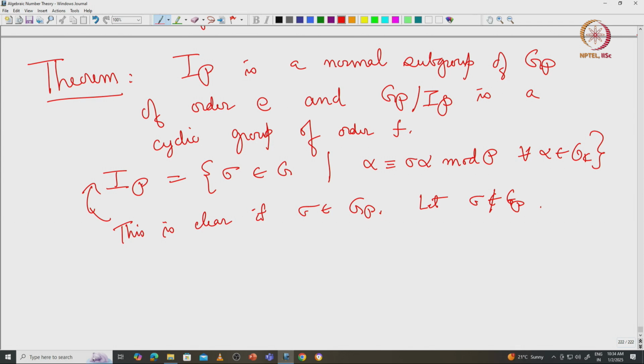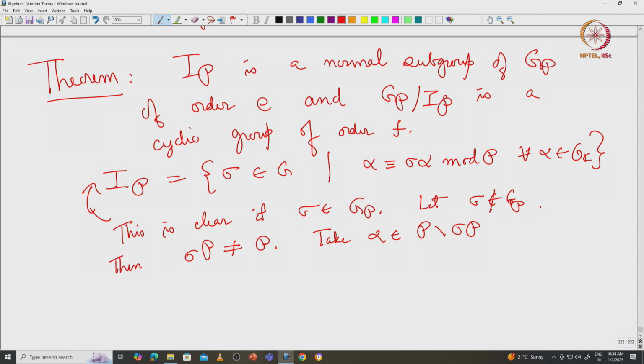Then sigma of P is not equal to P. These are two sets which are not equal, and one is not contained in the other either, because they are maximal ideals.